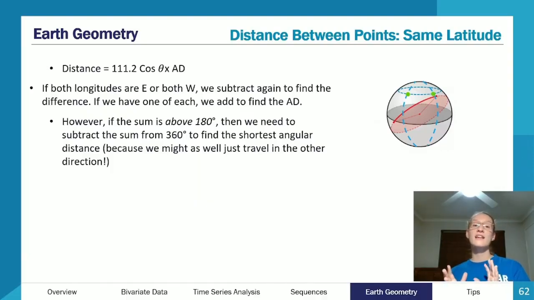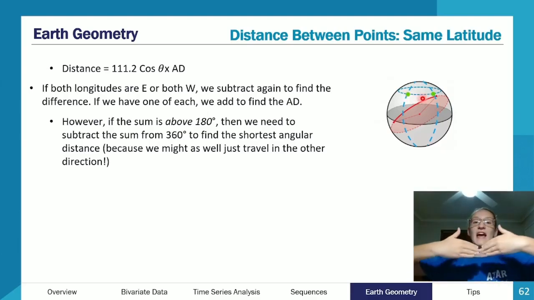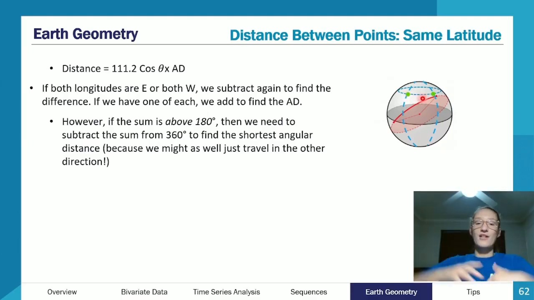Then there's also the little trick of if it's above 180, we need to subtract the sum from 360, and that's how we find the shortest angular distance. That might be a little bit confusing, and if that is, that's okay, but that's pretty much to say once we go past 180, it's just shorter to go the other way.